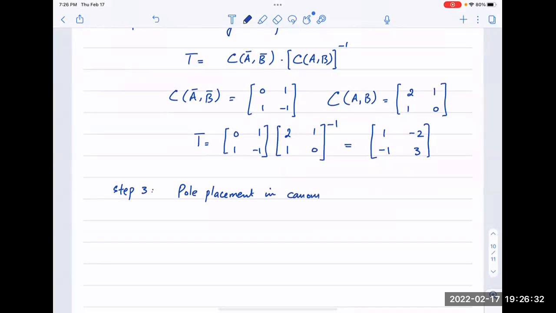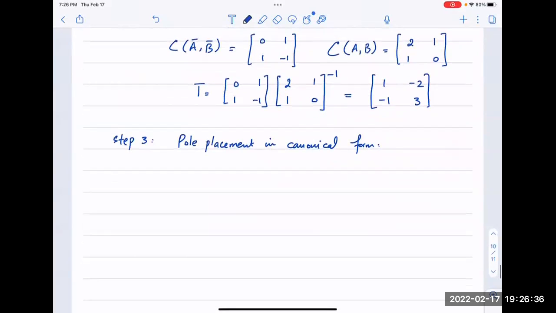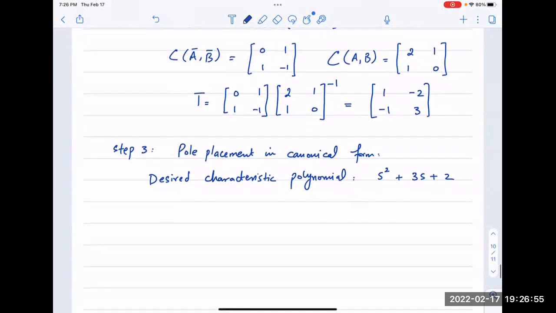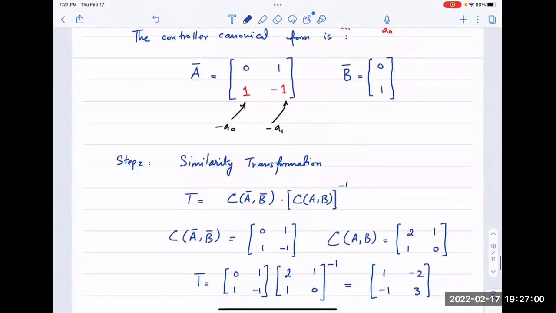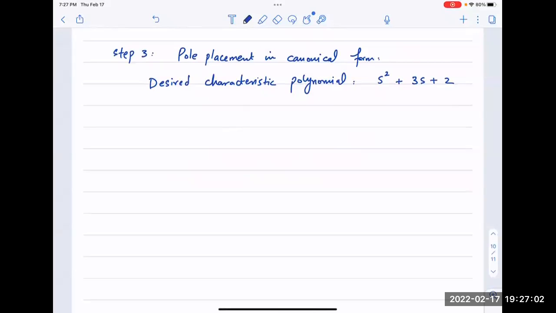So pole placement in canonical form starts with the desired characteristic polynomial. The desired polynomial is s squared plus 3s plus 2, because the poles are at minus 1 and minus 2. So this is direct.